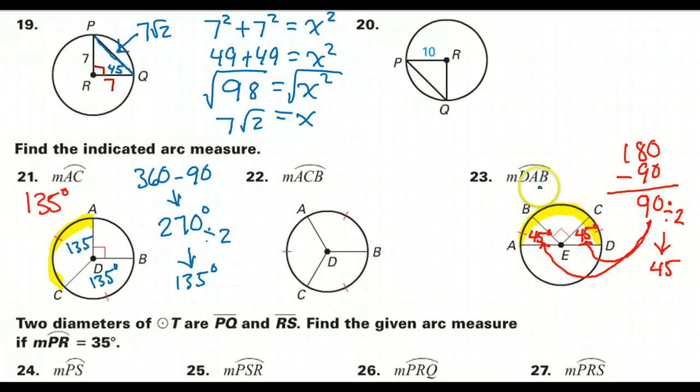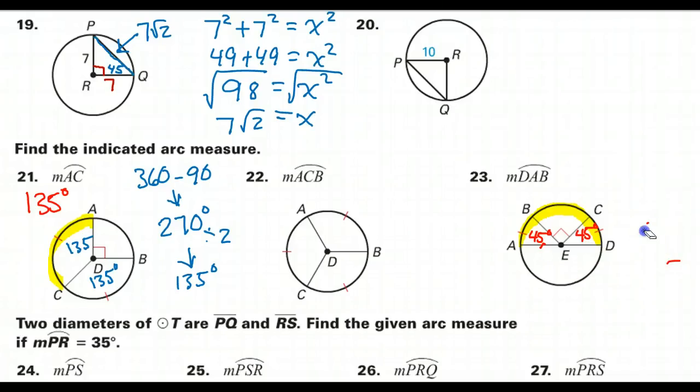So when they ask me about the measure of arc DAB, I'm going to have to do some erasing to make this more clear. I hope you understand where we got that from. But now they're asking me about arc DAB, that major arc.